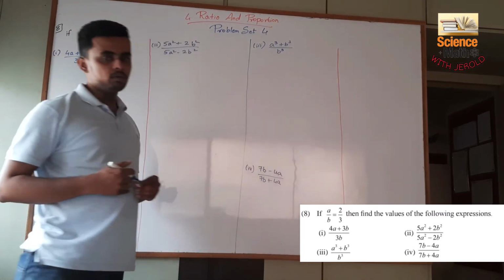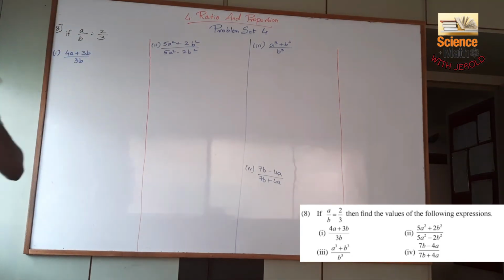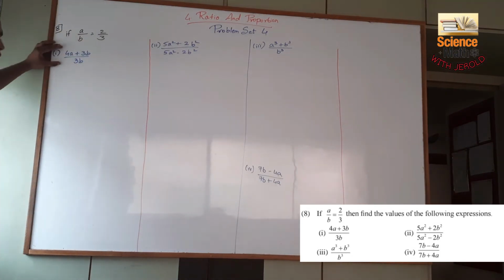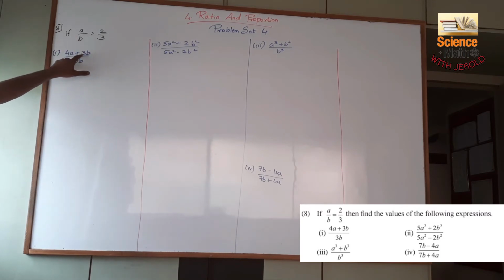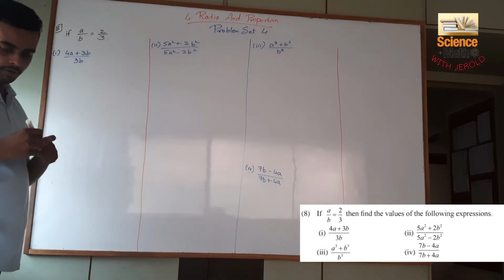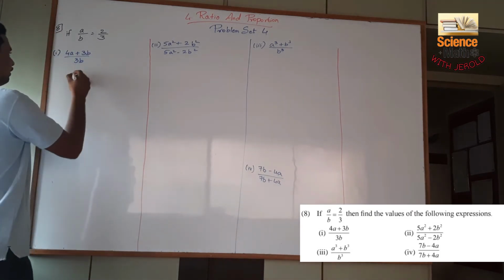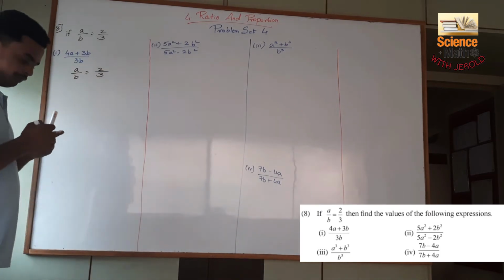So let us find out what we can do with this given ratio. Take a look at the first thing that we want to find. My numerator is A and A is associated with 4. My denominator is B and B is associated with 3. So the first step: I have A upon B is equal to 2 upon 3.